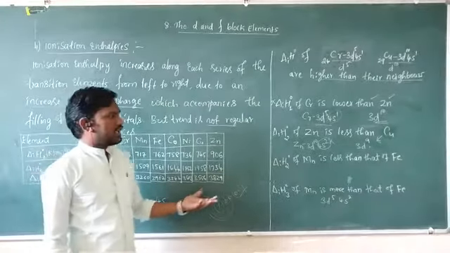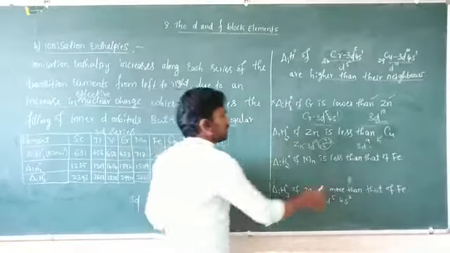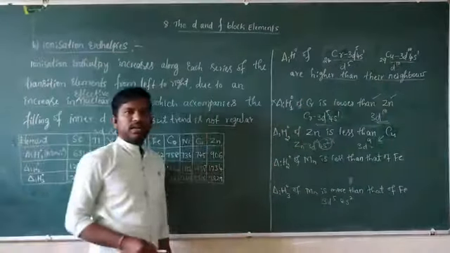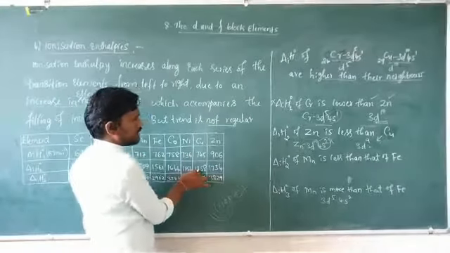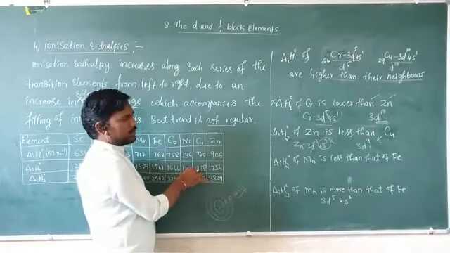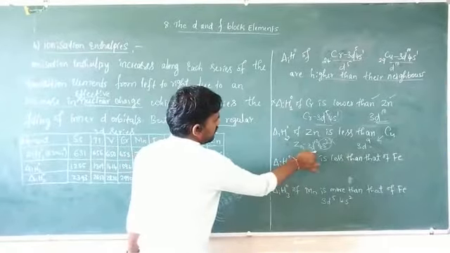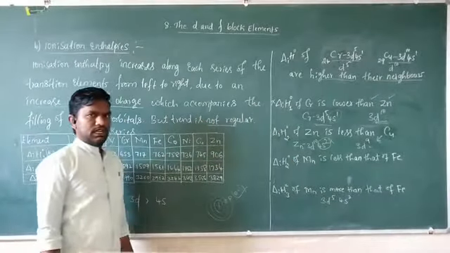Which one is higher now? Because it has 4 unpaired electrons, copper has higher ionization enthalpy compared to zinc, because zinc has a very stable 3d10 configuration.